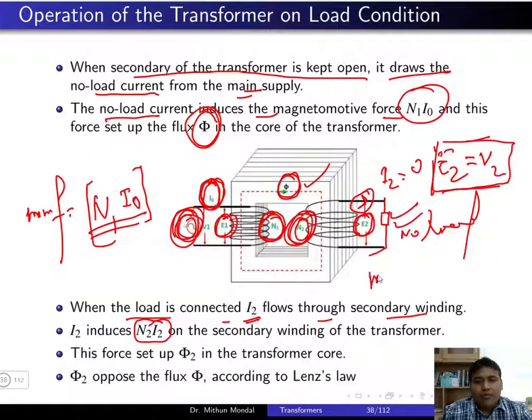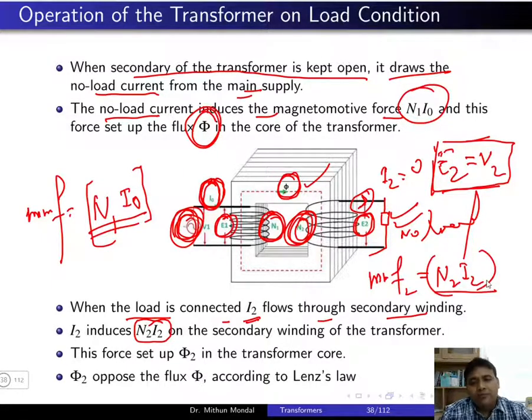So the MMF in the secondary winding, MMF2, is equal to N2 into I2, which is the number of turns in the secondary winding multiplied by the magnitude of the current in the secondary winding. And this is linking the secondary winding of the transformer. So this MMF sets up a flux phi 2 in the transformer core.